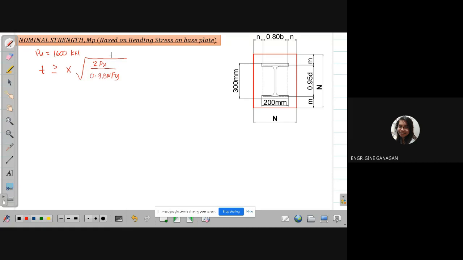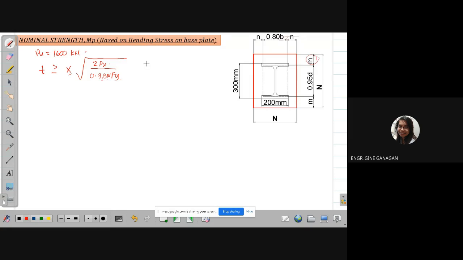Okay? So, we have value of PU, that is 1,600. Meron na din tayong value ng B, meron na din tayong N, meron na tayong FY. Ang wala lang yung l. So, sabi natin kanina, l is the largest value among m, n, and lambda n prime. So, we need to solve the values of m and n.